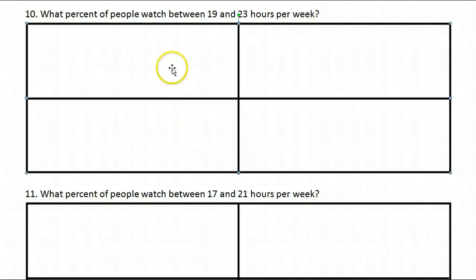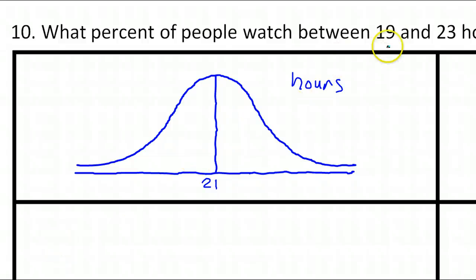Number 10. What percent of people watch between 19 and 23 hours per week? Okay, so we have two values to deal with, 19 and 23. So fine. So 19, just put over here somewhere, and 23 will be somewhere on the other side.